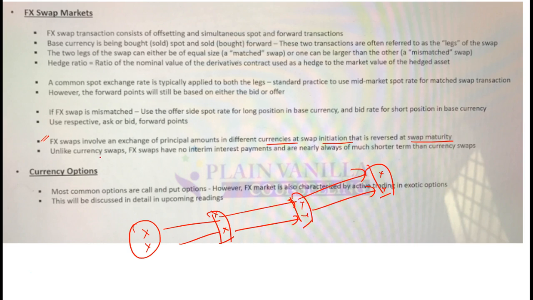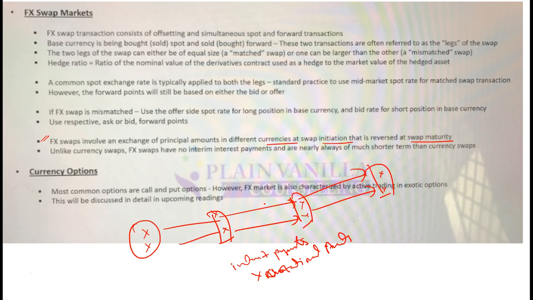In a simple currency swap, what happens is that you are exchanging the interest payments, but you are not exchanging the notional amounts. So in currency swaps, you do not exchange the notional amount. You are only exchanging the series of interest payments, interest on, for example, USD and interest on euro. In FX swaps, you are actually changing the currency.